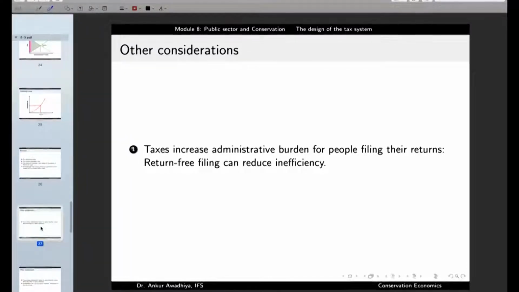So taxes increase the administrative burden for people who are filing their returns. Because in the case of a tax system, what the government does is that the government decides that people have to pay this much amount of tax. This is the tax size. But then, in a number of cases, the government asks the people to do this computation by themselves.